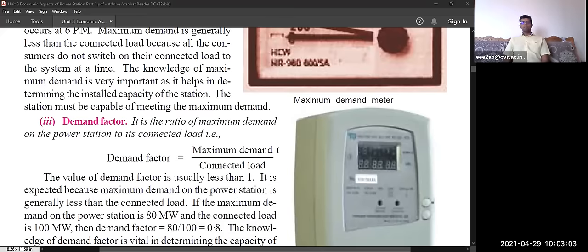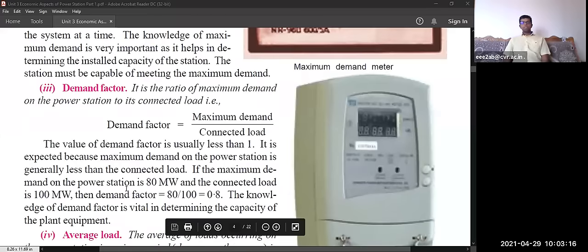Why? Because if the maximum demand is less, it means we are generating more from the generating station. Okay, so for example, if the maximum demand on the power station is 80 megawatt and the connected load is 100 megawatt, the demand factor is 0.8.